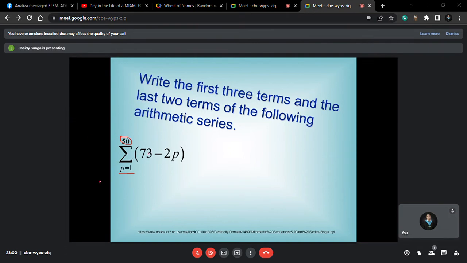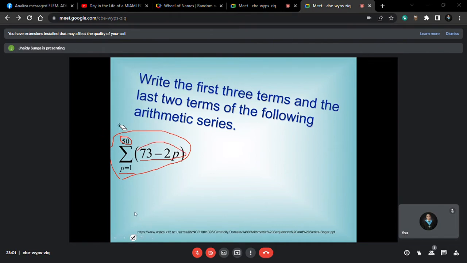This form is called a notation. It is composed of numbers and has this notation about the terms. So how are you going to deal with that, Sir Jai?